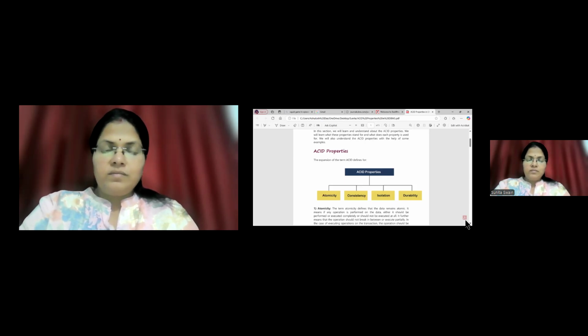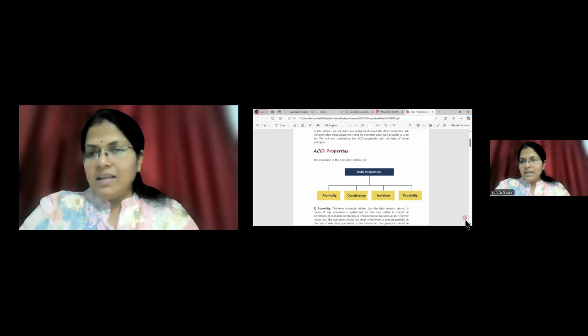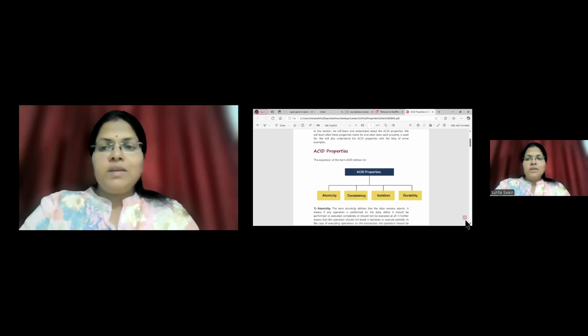So we should understand what the ACID property is, and these properties define different types of database operations and how they get updated instantly after each and every operation. It should be atomic in nature without inconsistency.